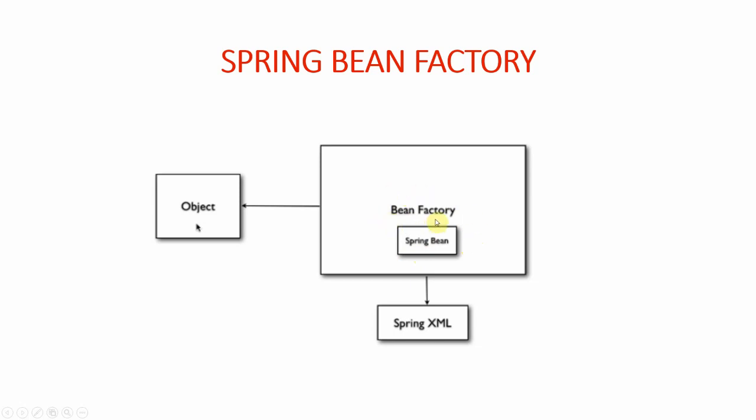Bean factory says yes, it's okay, and then the bean factory reads this XML configuration file and reads the blueprint of the object that we requested, and then according to this blueprint, the bean factory creates an object or bean, and then finally the bean factory returns this object to us. So this is basically how the bean factory works by using this factory design pattern.